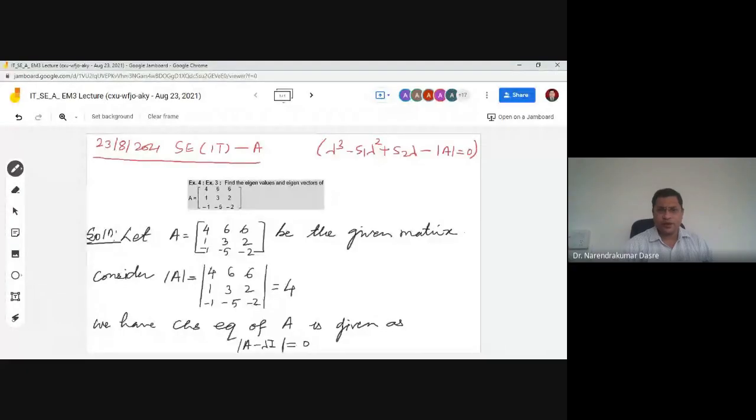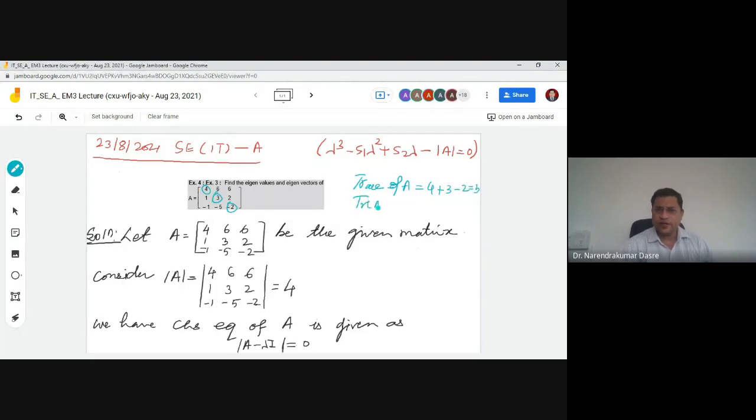So here we have the trace of matrix A. Trace of A means the sum of the diagonal elements, so it is going to be 4 plus 3 plus 3 minus 2, which is 5.